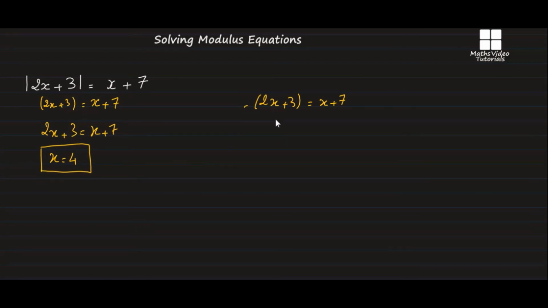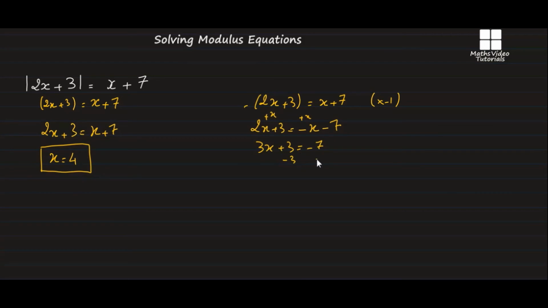For the second one, I multiply by minus 1 and remove the bracket, so that's 2x plus 3 equal to minus x minus 7. We need to add x to both sides, so therefore 3x plus 3 equals negative 7.